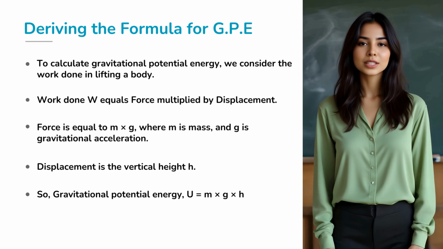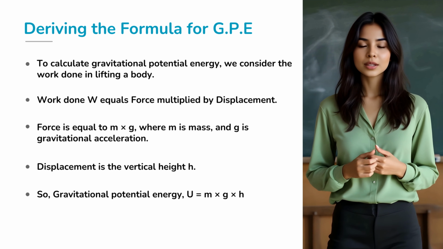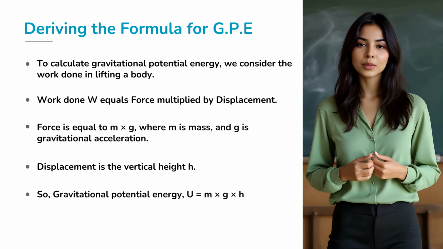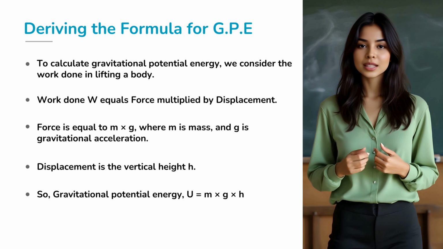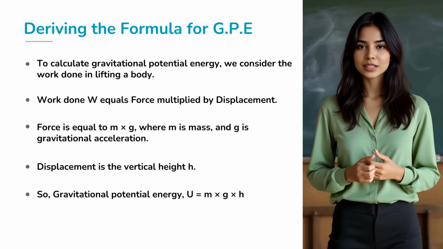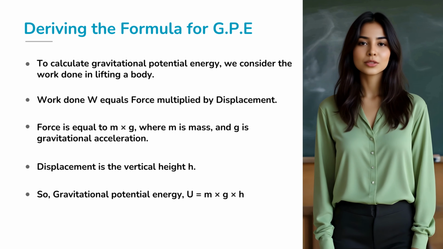To understand gravitational potential energy, we start by considering the work done in lifting a body against gravity. When we lift an object, we apply a force over a vertical distance, and that's exactly how work is calculated. Work done, represented by W, is equal to force multiplied by displacement. Now, what is this force?